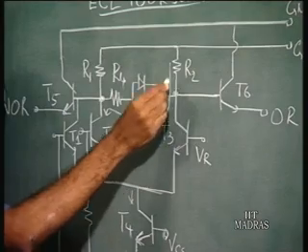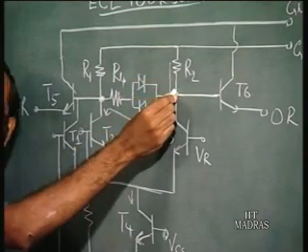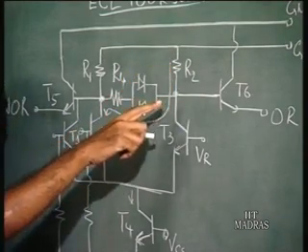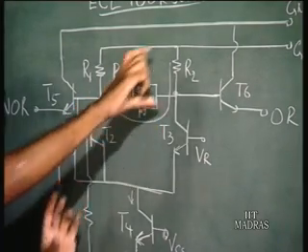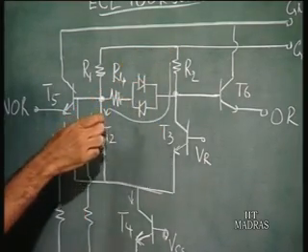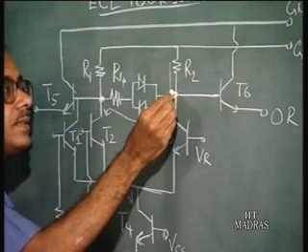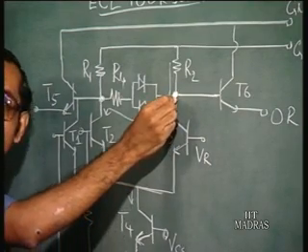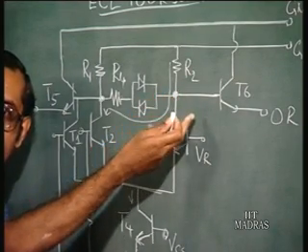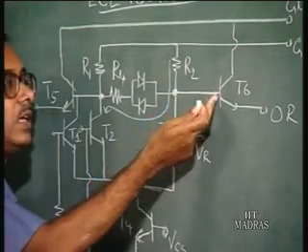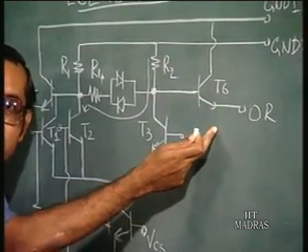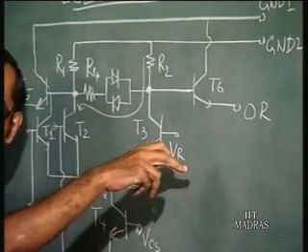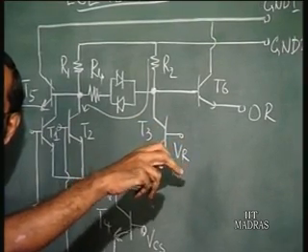there is going to be a larger drop across this R2 by the same 1.5 millivolt per degree centigrade, that is, this 3 millivolt per degree centigrade is going to be divided between R2 and R4. So, at this point also we have an increased drop corresponding to 1.5 millivolt per degree centigrade, which compensates for the reduction in VBE of this transistor by the same amount.